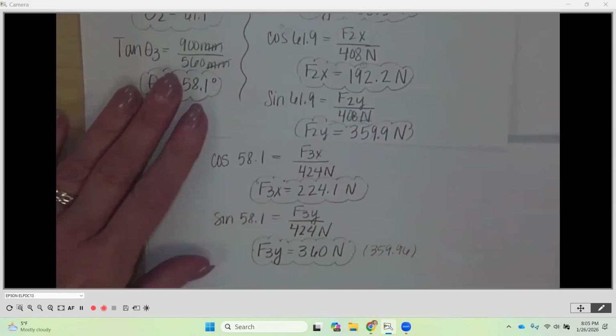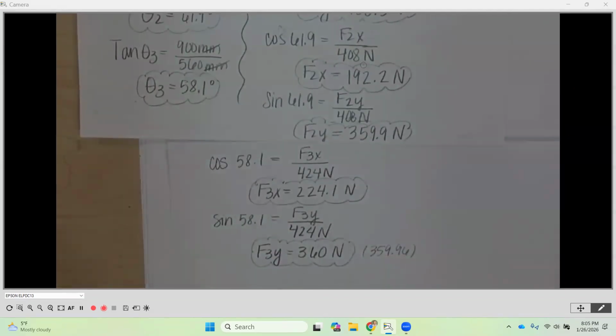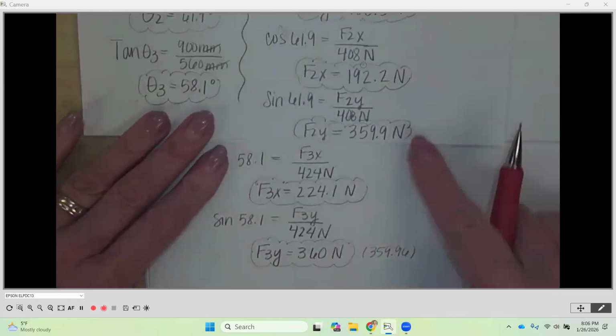Trying to get these last two on there. So it's these two and then those two.